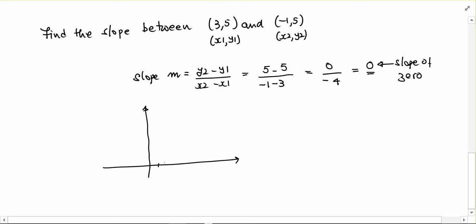So here is 3, and here is 5, so 3, 5. And here is -1 and 5. And you can see that if I connect these two like so, that's a horizontal line.